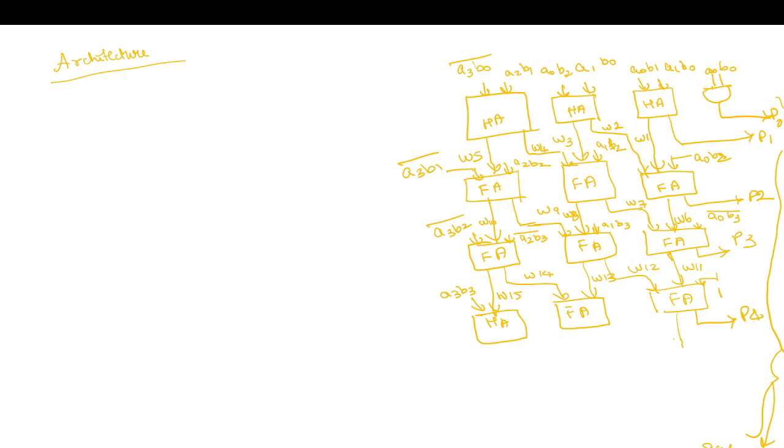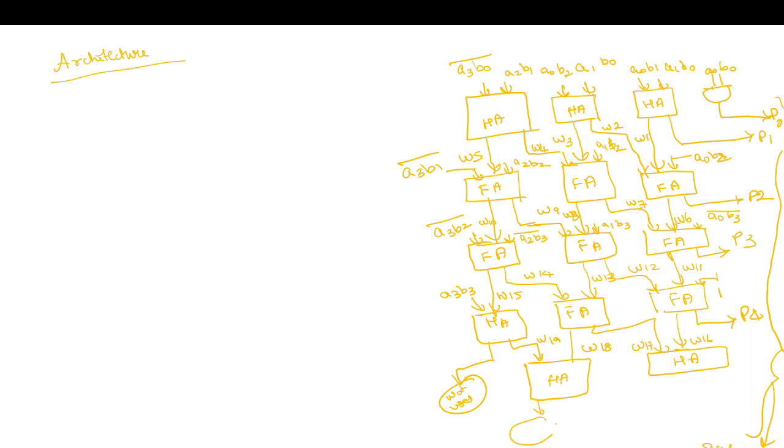Now next stage, W16, W17, this is also a half adder, W18, W19. This maybe we can remove.